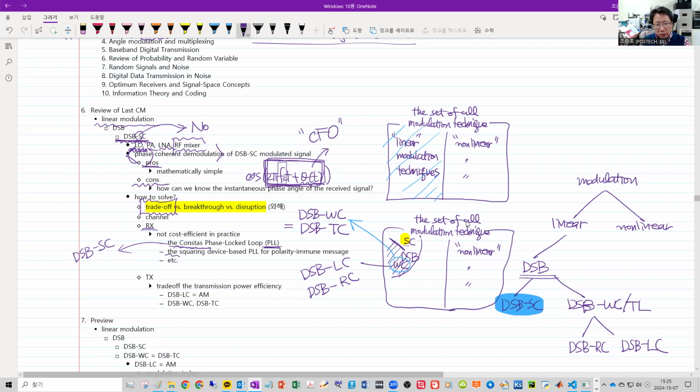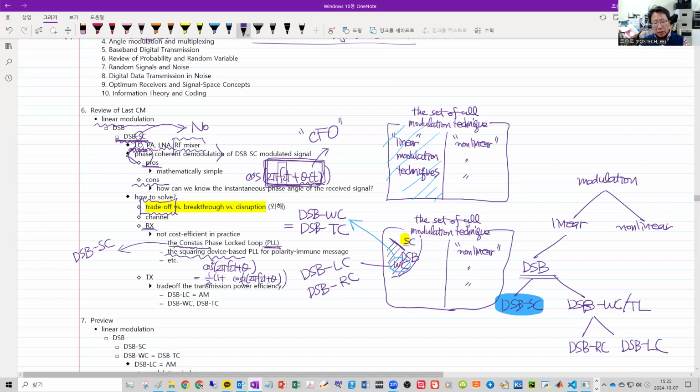Another one is the squaring device based phase lock loop. Suppose you have cosine of 2 pi fc t plus theta, and it is squared. Then what do you have? Again, you have 1/2 times (1 plus cosine of 2 pi fc t plus theta, times 2).